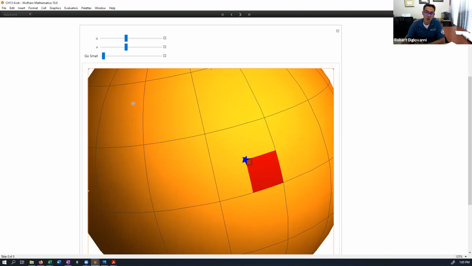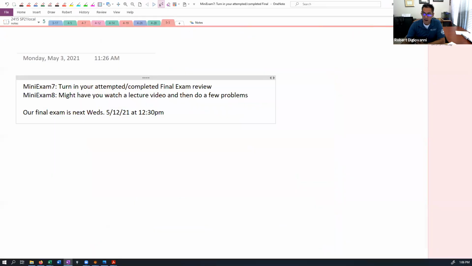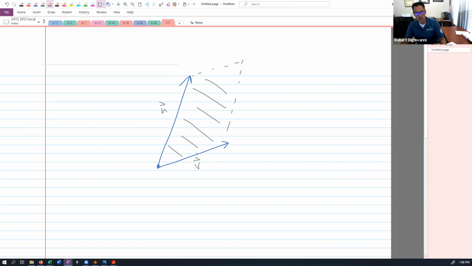So if you recall back from our notes way back in the beginning of class, if you're given two vectors u and v and you want to know the area of the parallelogram formed by those two vectors, then the area is just the magnitude of the cross product of those two vectors.